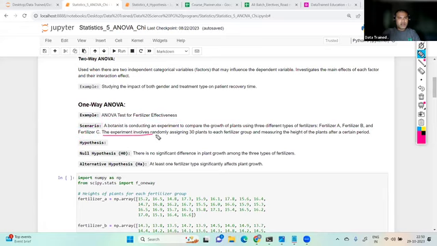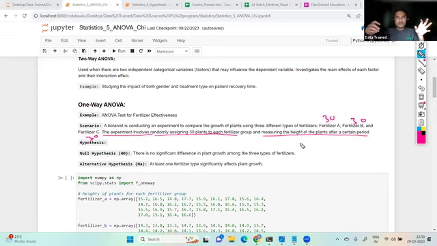The experiment involves randomly assigning 30 plants to each fertilizer, so fertilizer A, 30 plants, 30 plants, 30 plants, and measuring the height of the plants after a certain period.